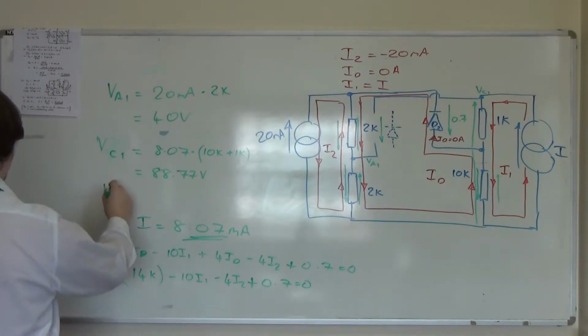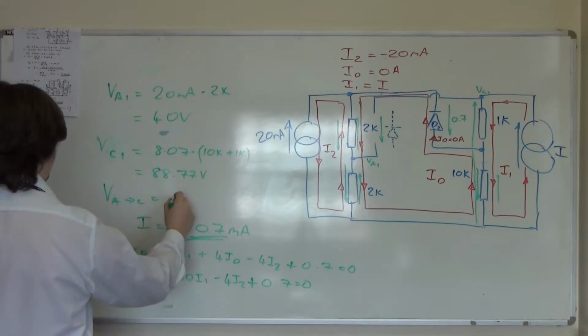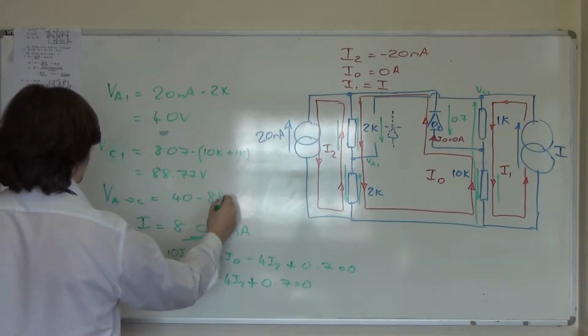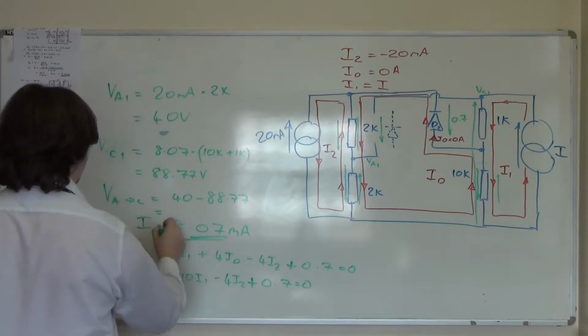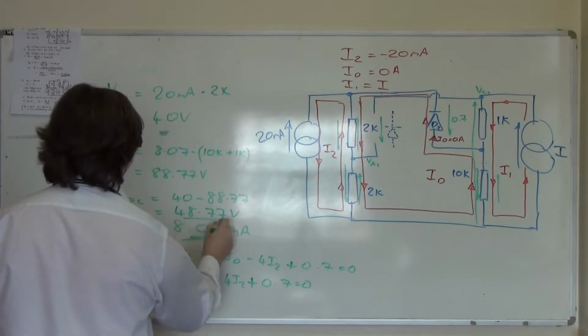So V A to C is then 40 minus 88.77 volts.